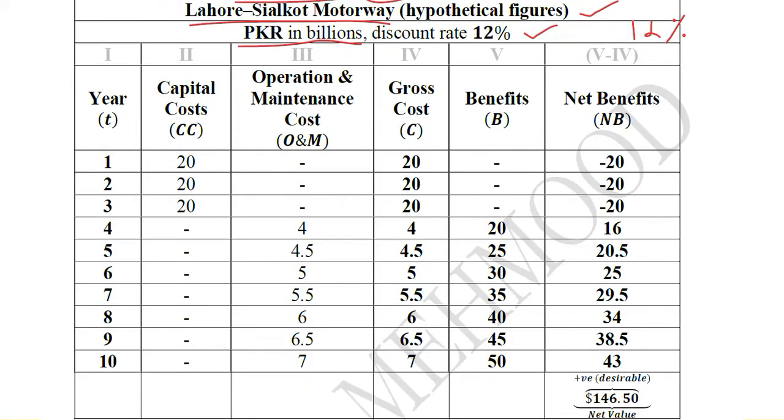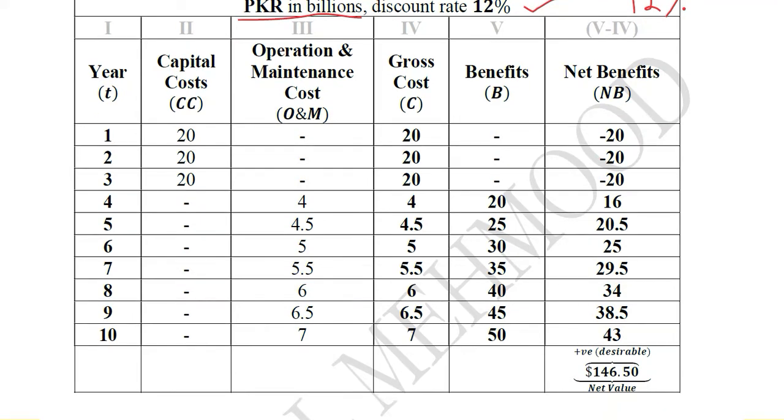Primarily, we will build this table in which the first column is, in Roman system, this is the first column, second column, third, fourth, fifth, and the following columns.